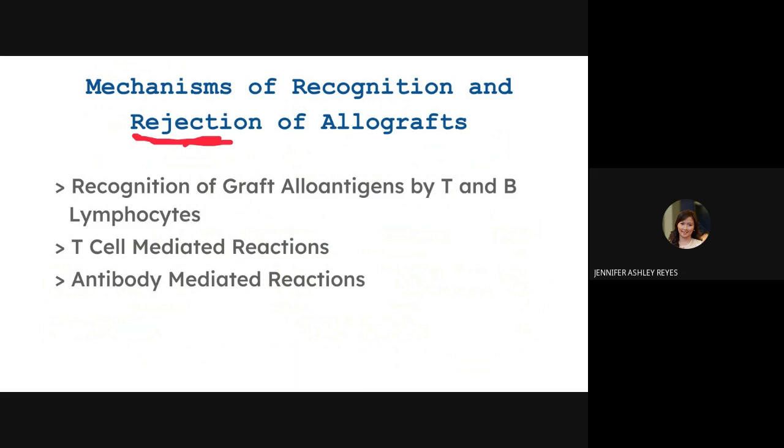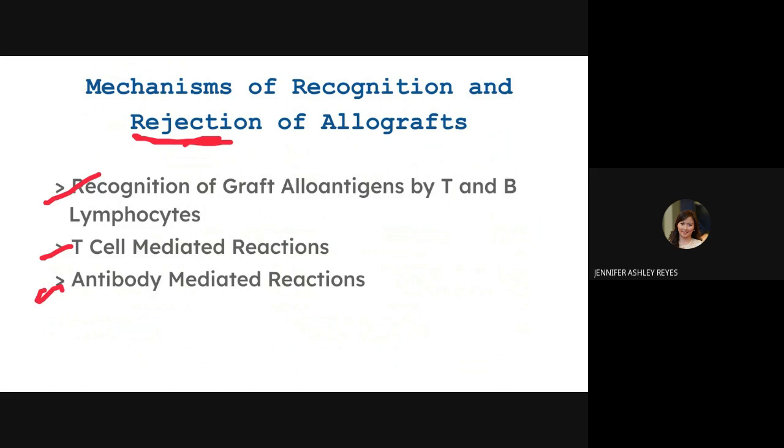So the donor antigens from the graft are recognized by our lymphocytes in the recipient and will produce products that will destroy the graft. So we have several mechanisms. Recognition of graft antigens by T and B lymphocytes, T cell mediated reactions, and antibody mediated reactions.